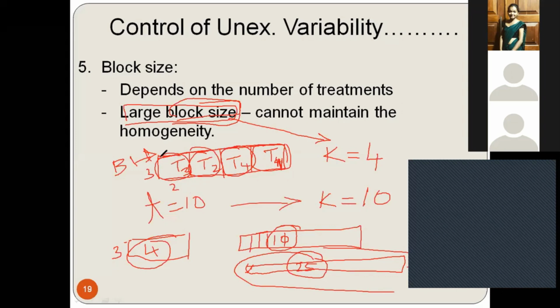So what is the total length of the block? 8 meters. For 10 treatments, 20. And for this one, 50. Now look here, this is an 8 meter distance.